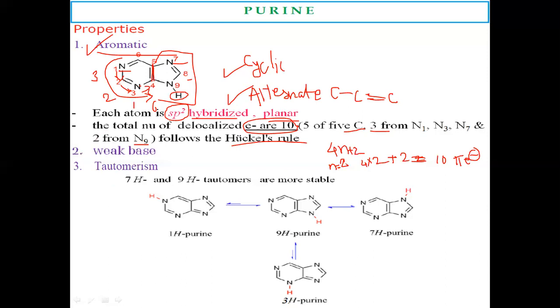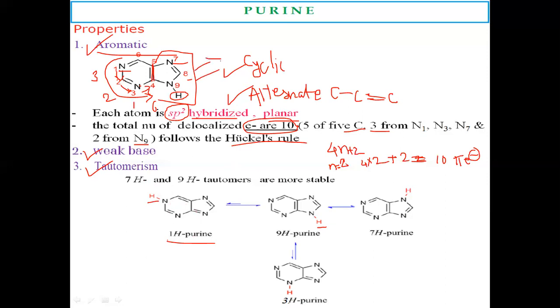Another property: purine is weakly basic in nature, and due to the delocalization of the pi electrons, it produces a tautomerism effect in purine. If you look at one of the structures, 1H purine, hydrogen is present on the first position of nitrogen in the purine ring. The second tautomeric structure is 9H purine, which is this one.